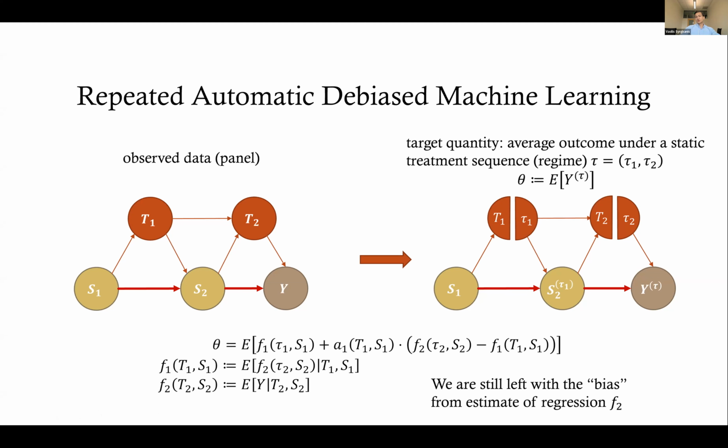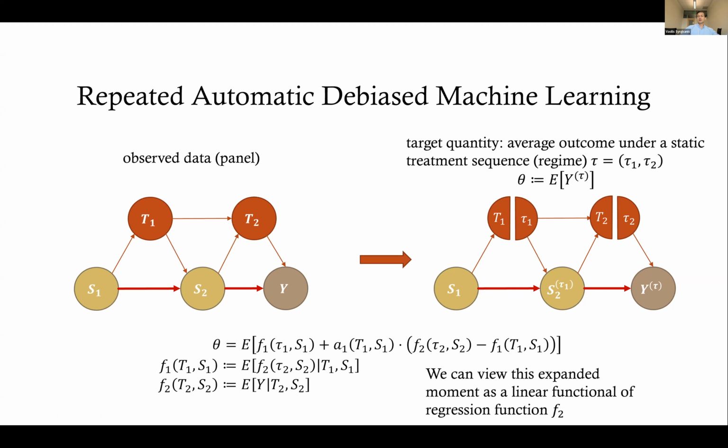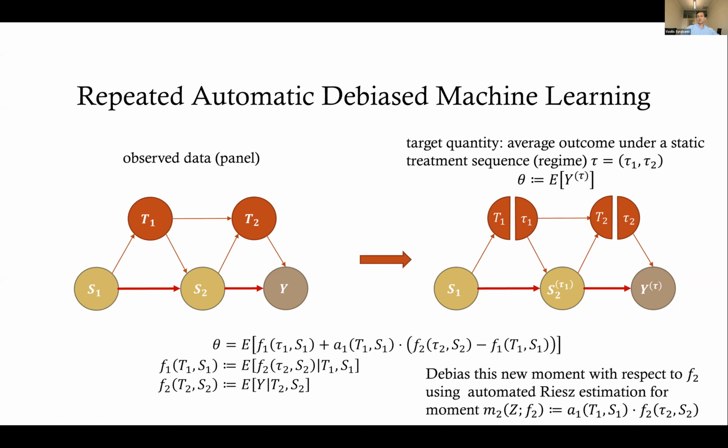So what can you do? Well, this is yet another linear moment functional of f2. So you can view a1 times f2 as a linear moment functional of f2, estimate the Riesz representer of that new linear moment functional, and add yet another correction that debiases with respect to f2.